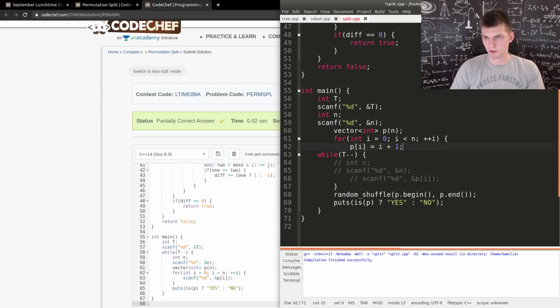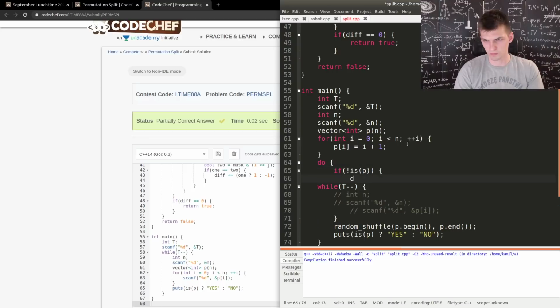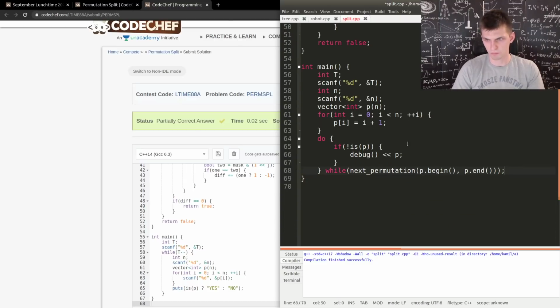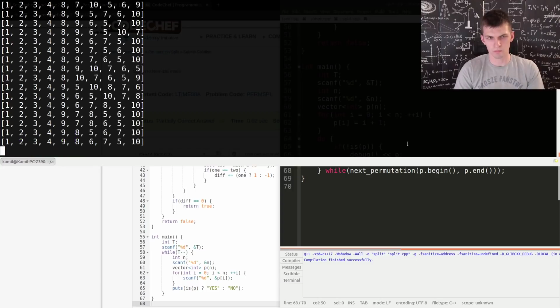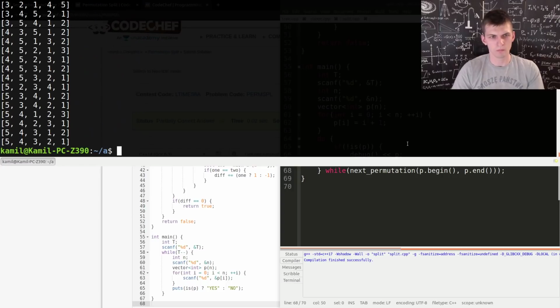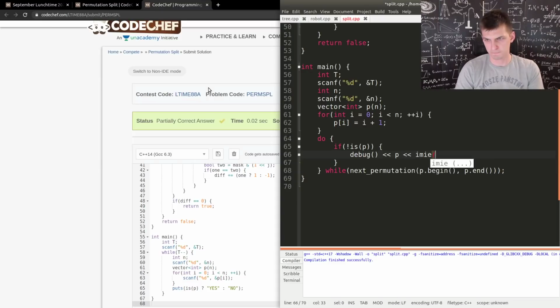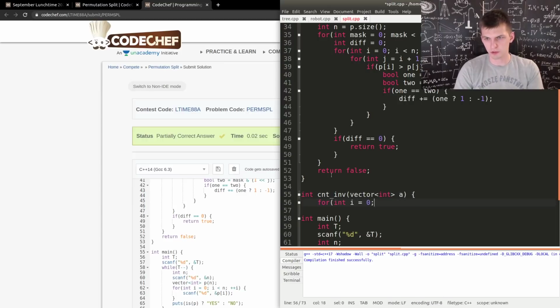Okay, one more thing. I want to also print the number of inversions.